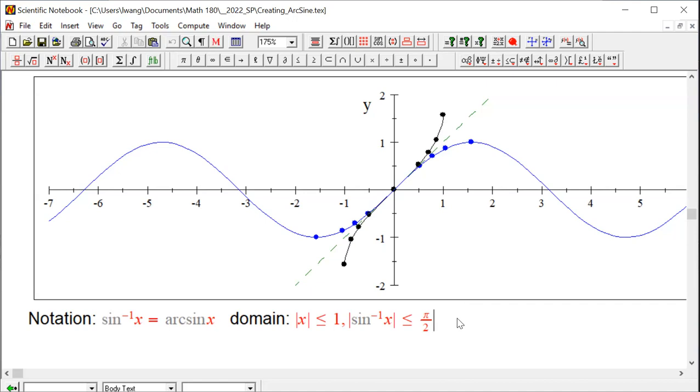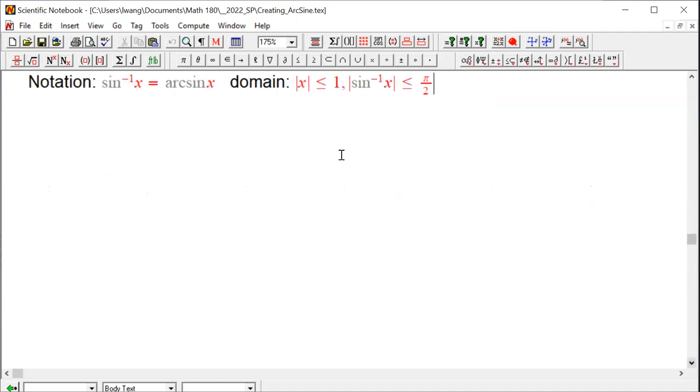So just to clarify that, there are a lot of mistakes about sine inverse. For example, some people will say, hey, sine inverse, is that 1 over sine? The answer is no. Not at all.